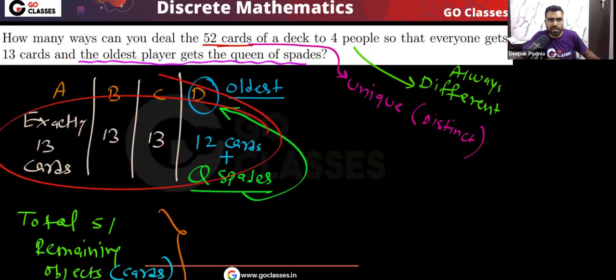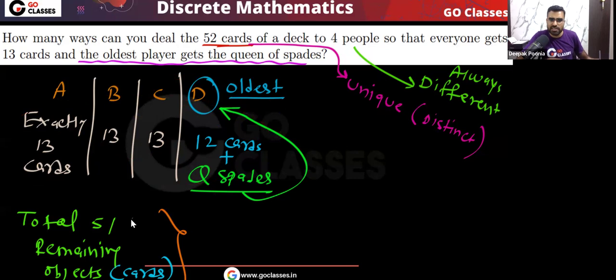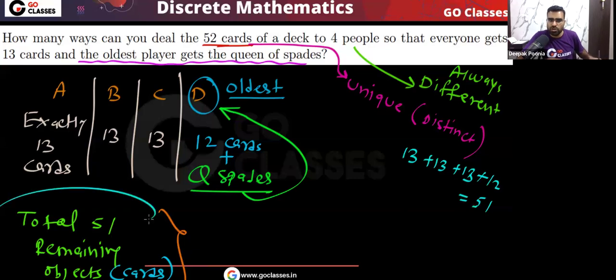You can easily see 13 plus 13 plus 13 plus 12 is equal to 51, and we want to distribute all 51 remaining cards.